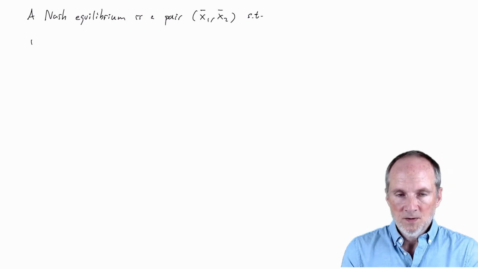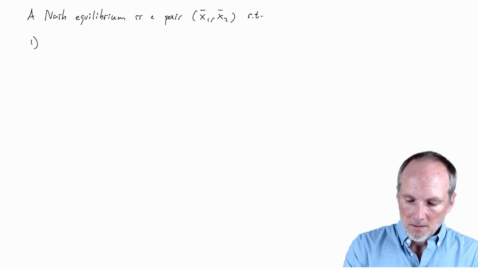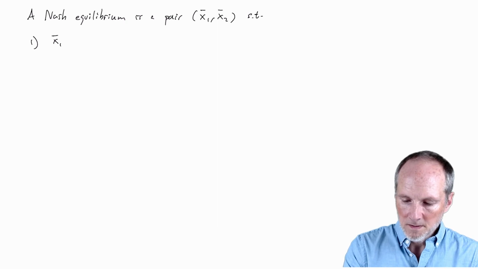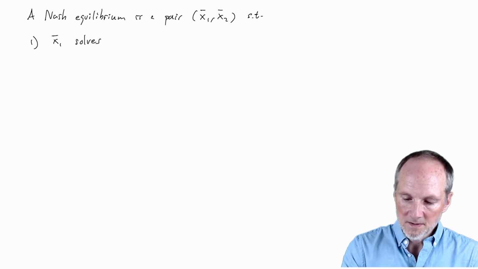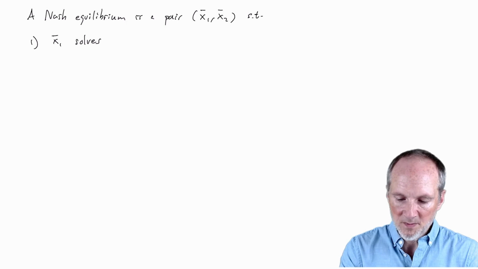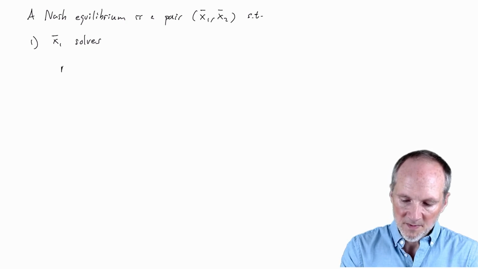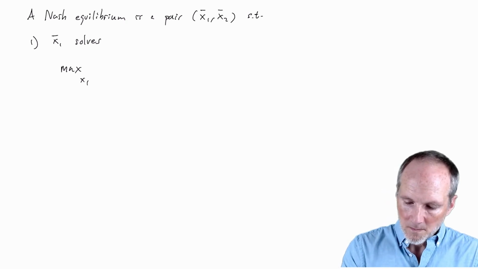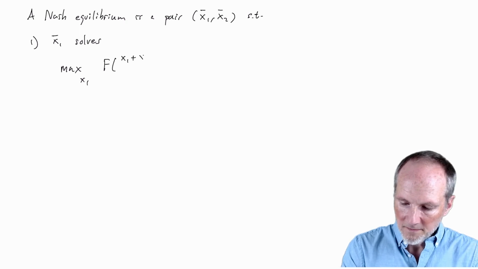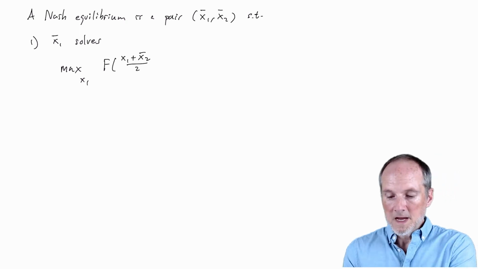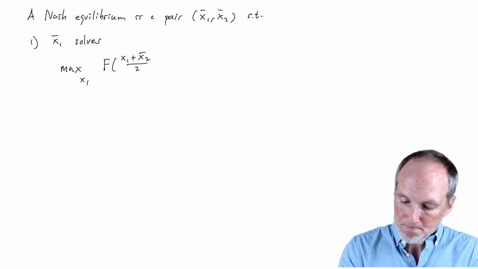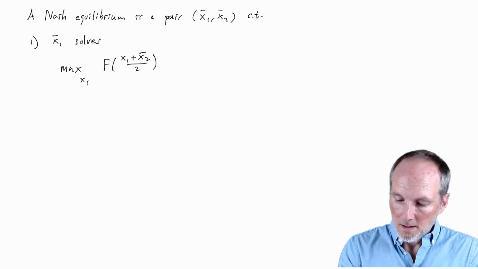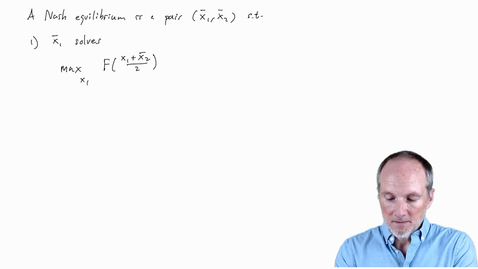So we write that as two separate conditions. First of all, politician 1 has to be choosing optimally. So their policy proposal x1 bar has to solve this maximization problem. They're going to choose x1 to maximize the expected utility given the equilibrium proposal of the other guy. What is the expected utility?